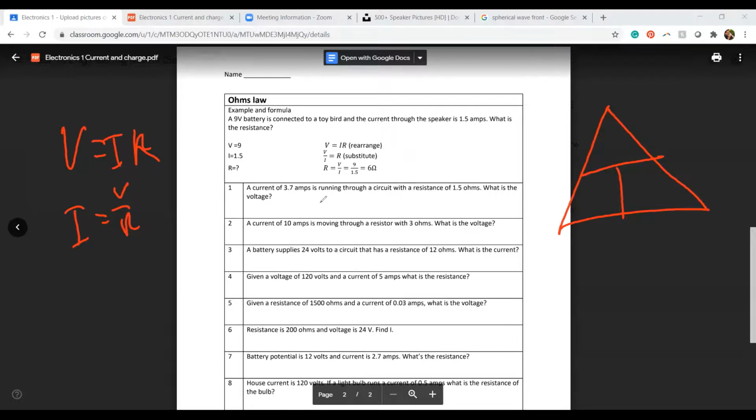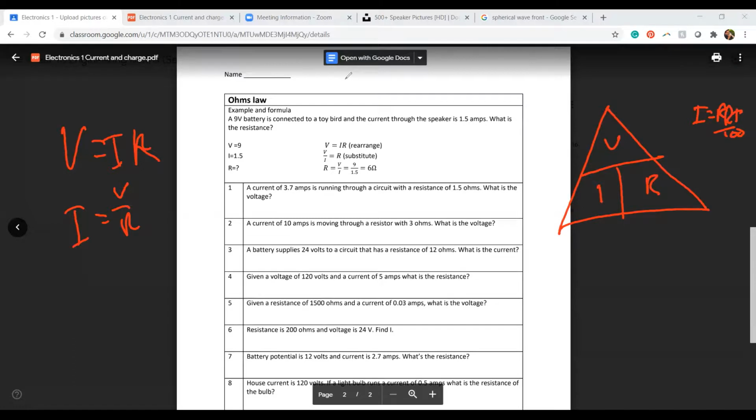It's called the pyramid method. You might have seen this with I equals PRT over 100, simple interest, but I like it for V equals IR. What you do is you write V, I, and R in this order.